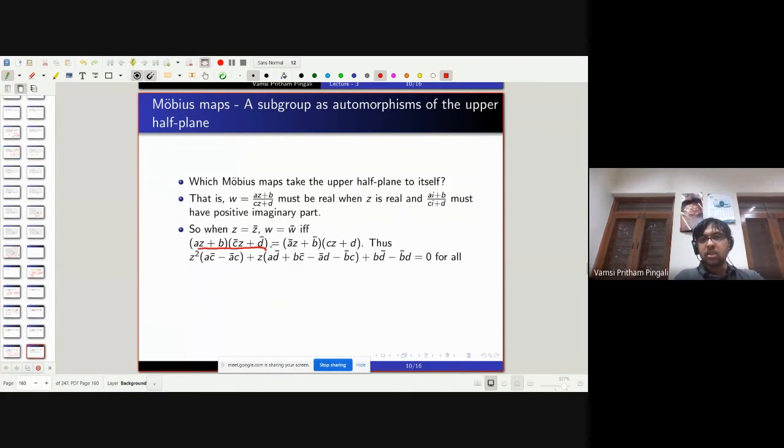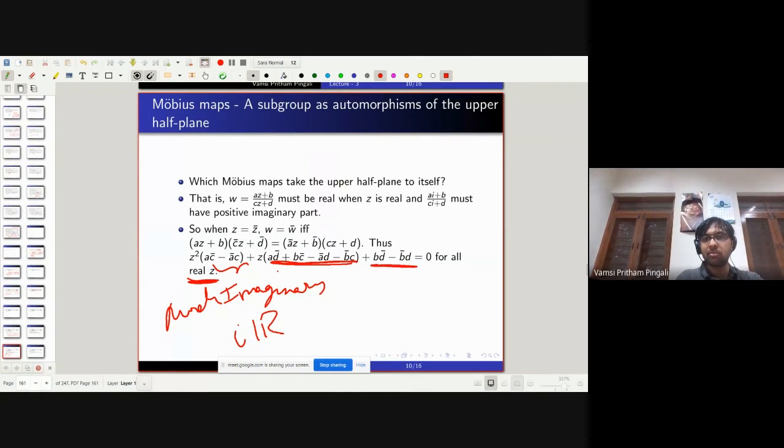When you expand this out and the dust clears, you get z squared times something plus z times something plus something else equals 0 for all real values of z. Notice this is an imaginary number, purely imaginary, like i times a real number. This is also imaginary, and this is also imaginary. So we have a quadratic equation of this type.